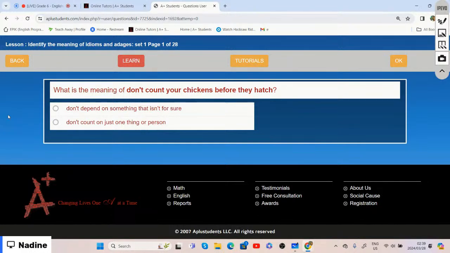So don't count your chickens before they hatch is, don't depend on something that isn't for sure, or don't count on just one thing or person. So either don't depend on something that isn't for sure, or don't count on one thing or person.